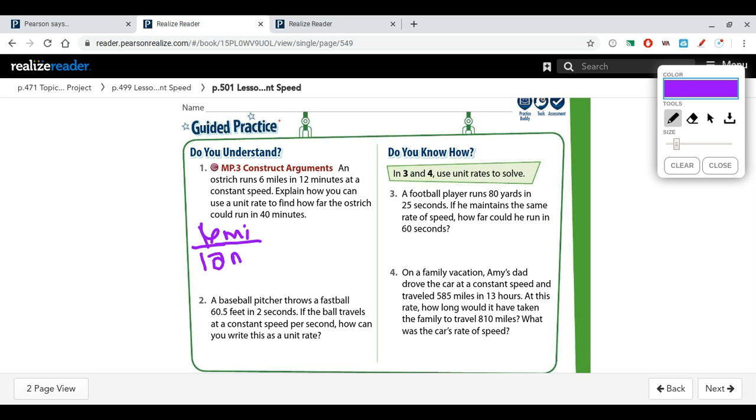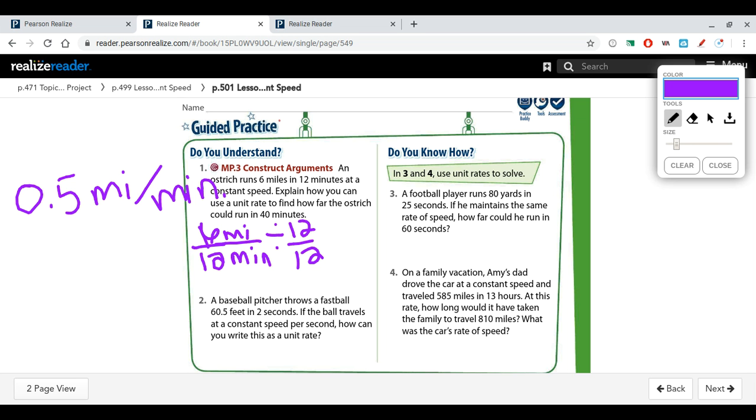Again, I make sure that I include the labels because I'm talking about rate language. And to get this in terms of miles per minute, I would divide both 6 and 12 by 12. And so my unit rate is going to be a half a mile per minute.